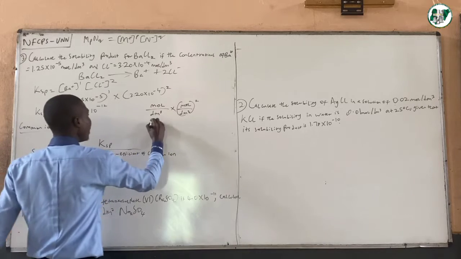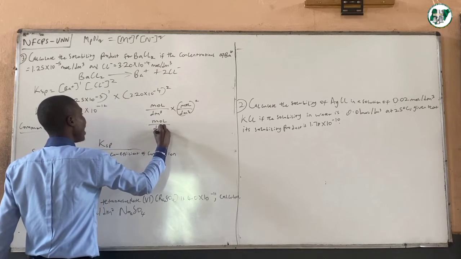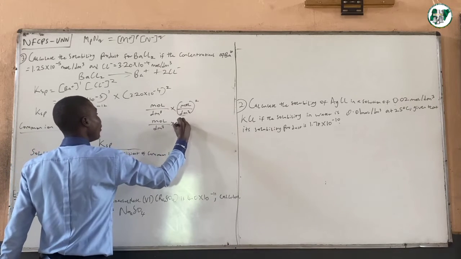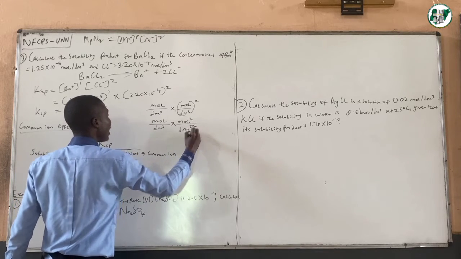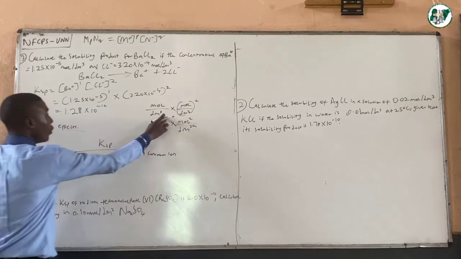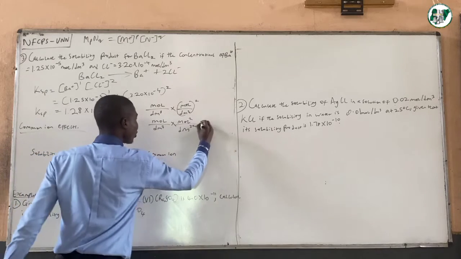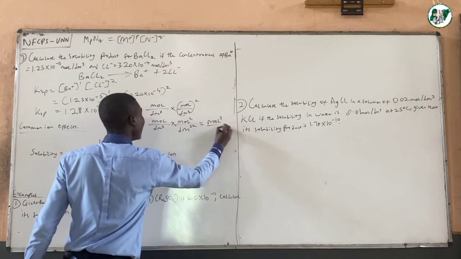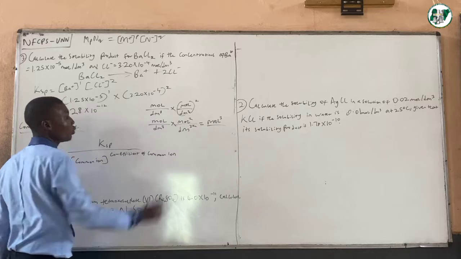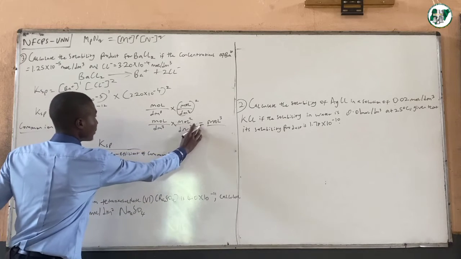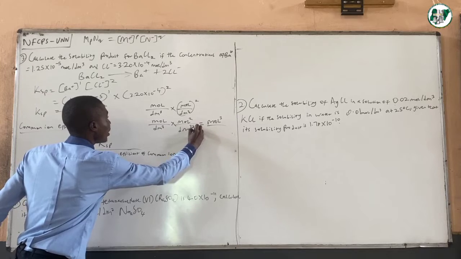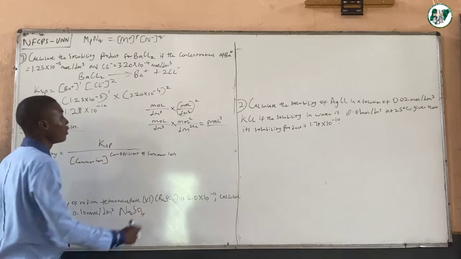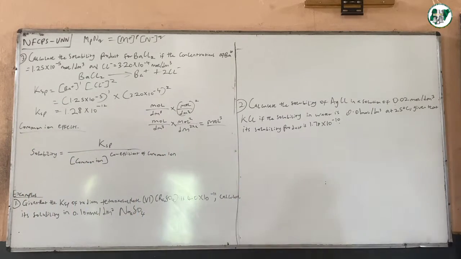This will now be mole over dm cube times mole raised to the power of 2 divided by dm cube raised to the power of 3 times 2. Mole times mole raised to the power of 2 is going to give us mole raised to the power of 3, and then dm, 3 times 2 is 6. 6 times 3 is going to give us 18.